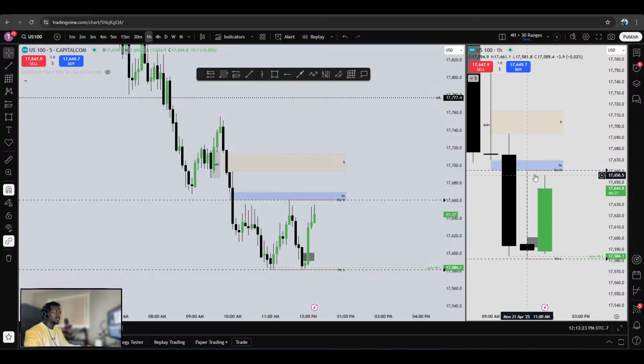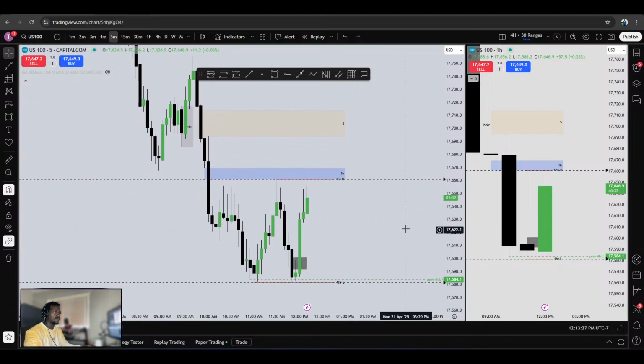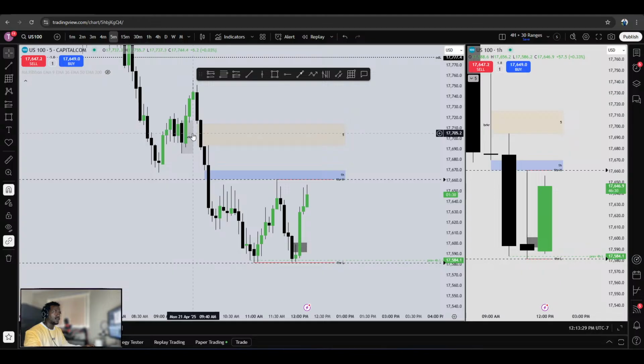So we're just about to take out that previous 1-hour high, and that breaker right there. I'm very much interested, so I'm gonna just have them together.